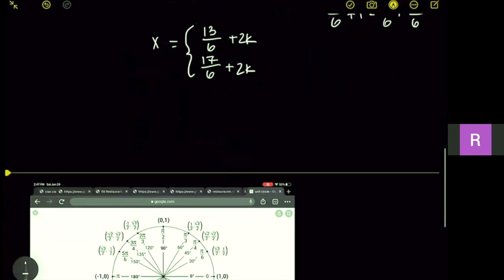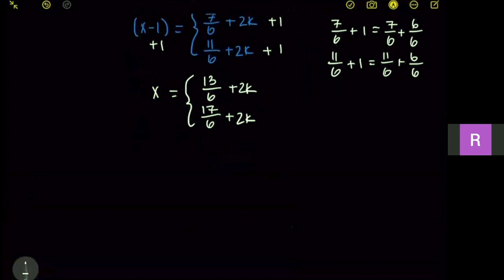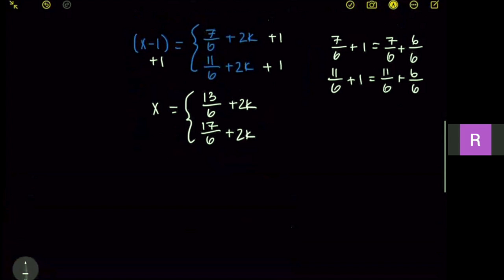Let me bring this down here so we have some more room to work with. We now have that these two values are what we have for x right now. We can move k into the equation by finding a common denominator. So this is the same thing as 13 over 6 plus 12 over 6 k, right?